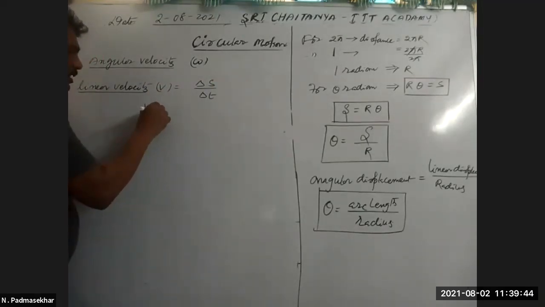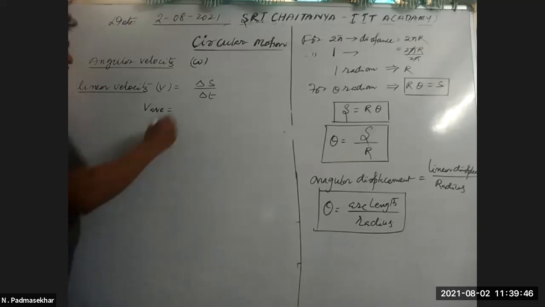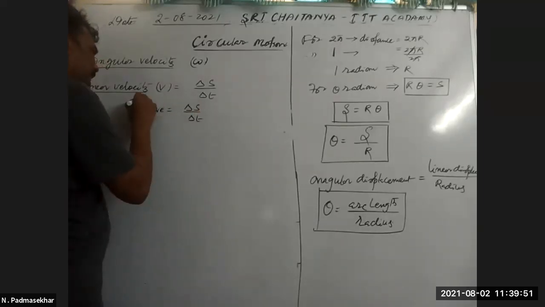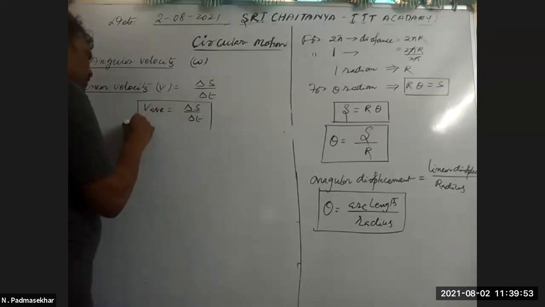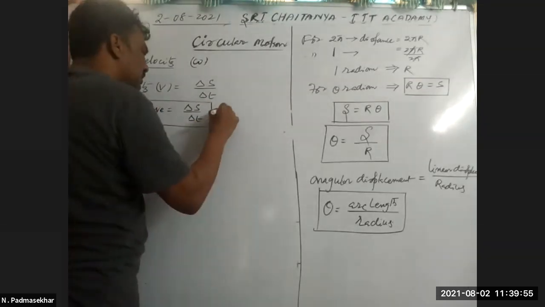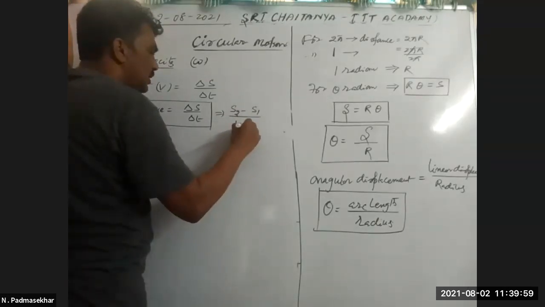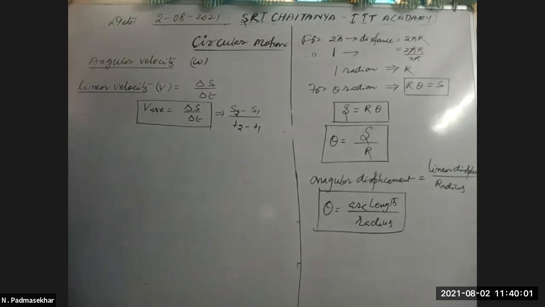That we call the average velocity. Average velocity is equal to delta s by delta t, which means s2 minus s1 by t2 minus t1.